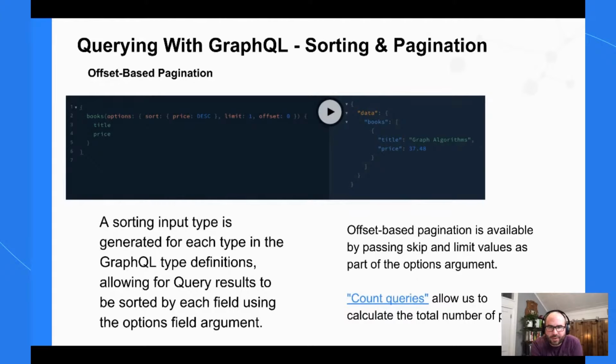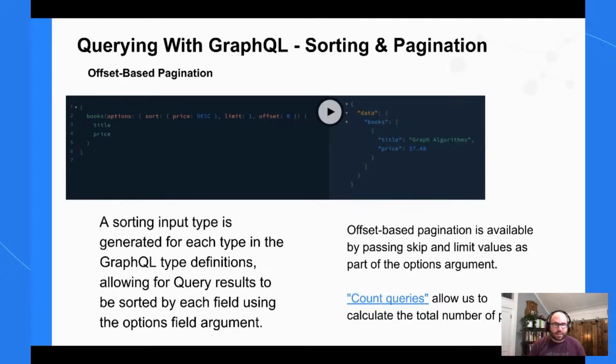That happens to be our graph algorithms book. Notice we also have the offset argument here, which is 0. So limit 1, offset 0 means give me the first one. We can use this combination of limit and offset to paginate, so we can do offset-based pagination. In this case, we would increment offset by the number of objects that we're returning in the limit to give us the next page.